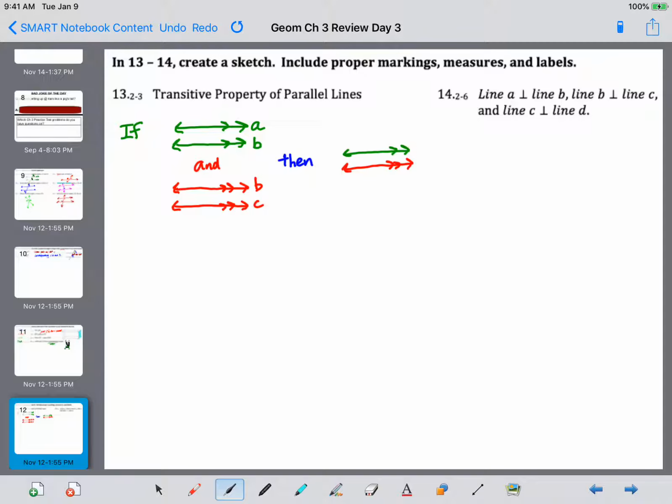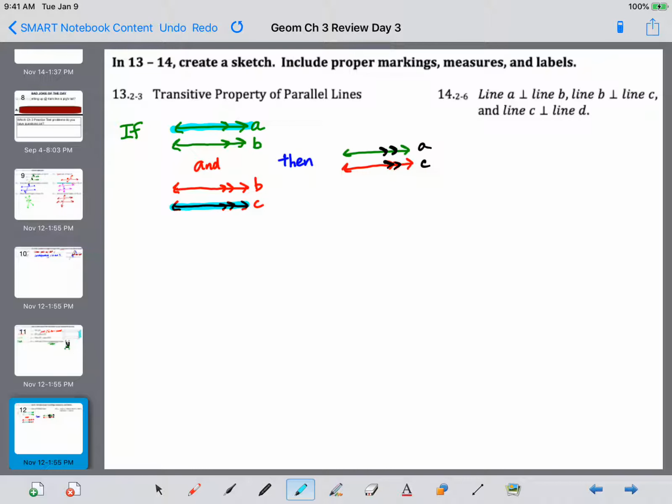So now we're saying A and C are parallel, so we should have the same number of marks on those. All right, so that's the transitive property. We're cutting out the middleman and just saying the top line is parallel to this bottom line.